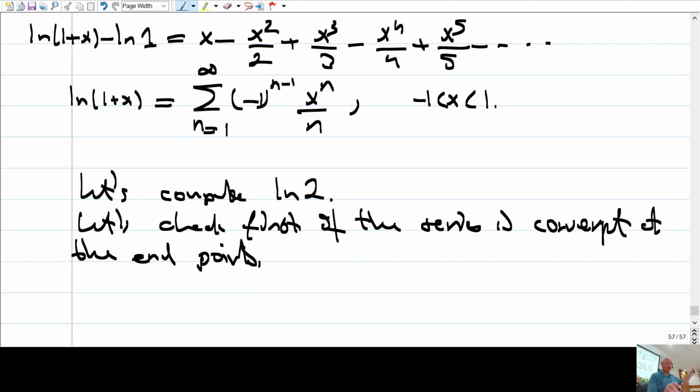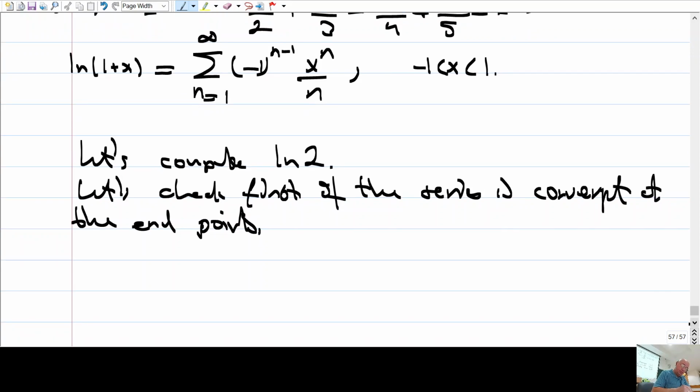The other endpoint x equals -1 is not something I am interested in. It is not convergent either, right? For x equals -1, you cannot plug it here, it doesn't work. Why is that? You see what is the result for x equals -1?